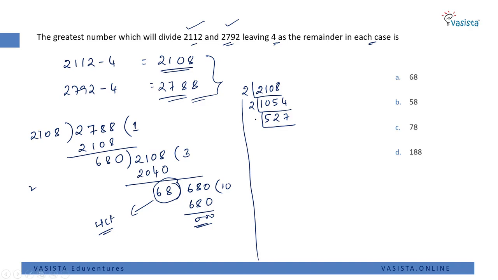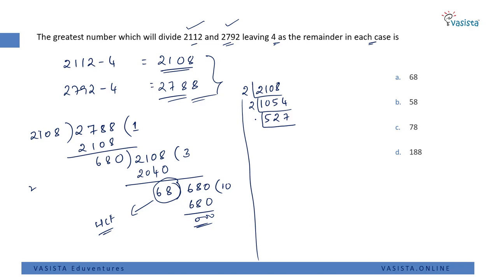So 527 must be divided by some other number. If I go with 3, it is not possible.